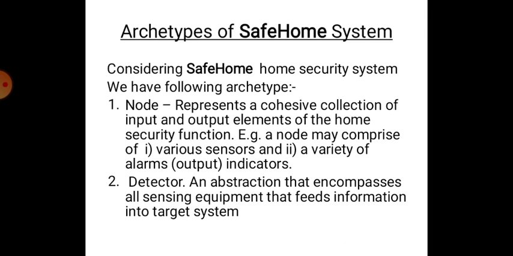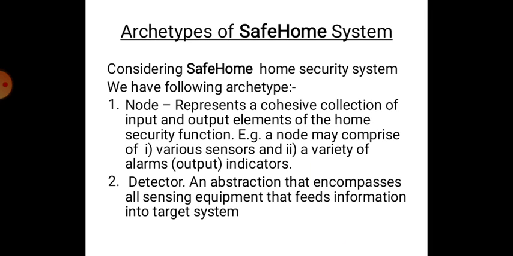Now archetypes for a safe home system. We'll take one example. Considering the safe home security system, we are following these archetypes. One is node, second is detector, third is indicator, and fourth is controller.